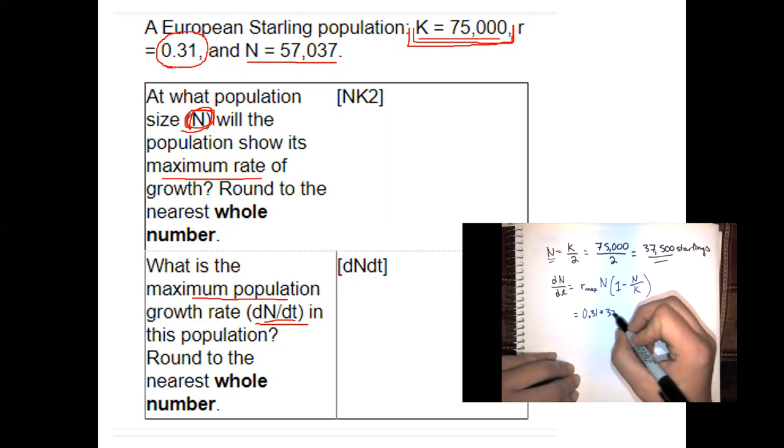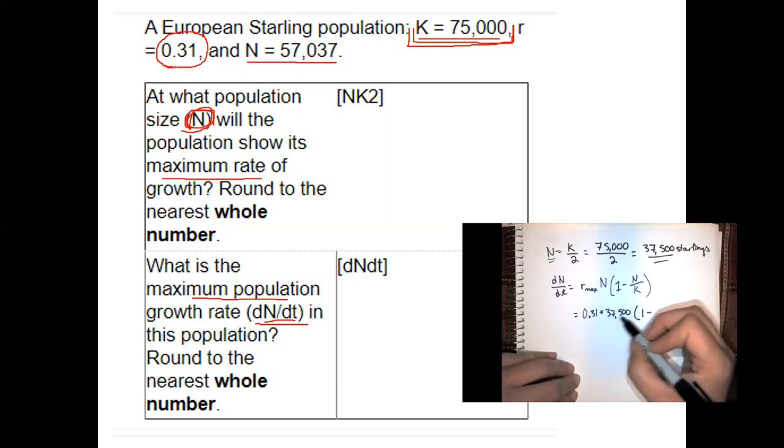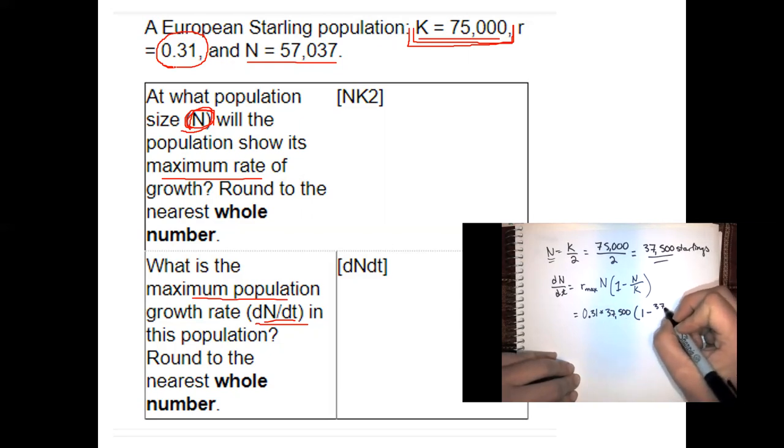So 37,500 starlings times 1 minus that same population size, 37,500, over the carrying capacity.